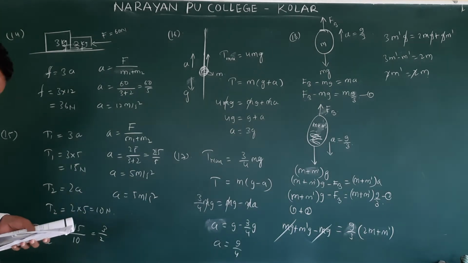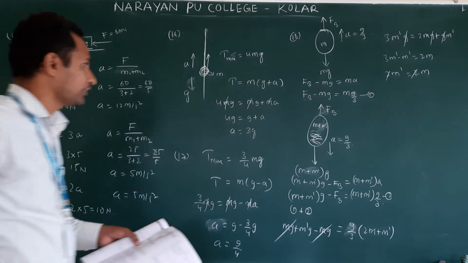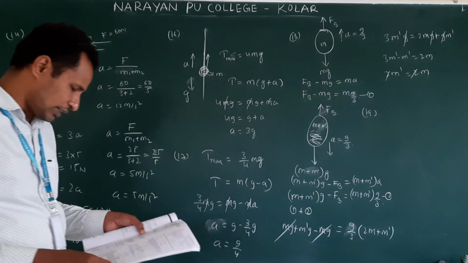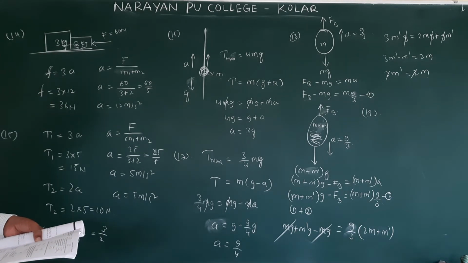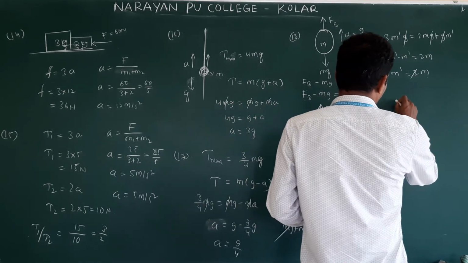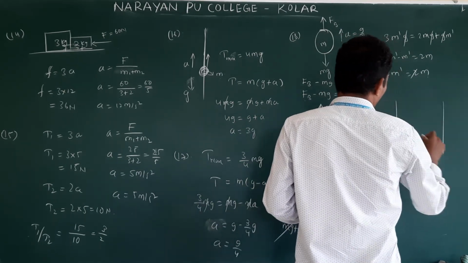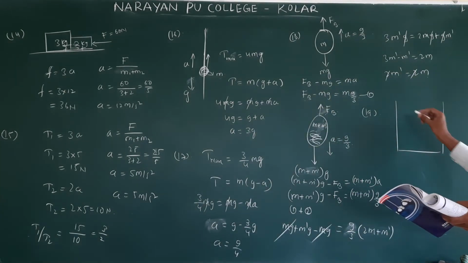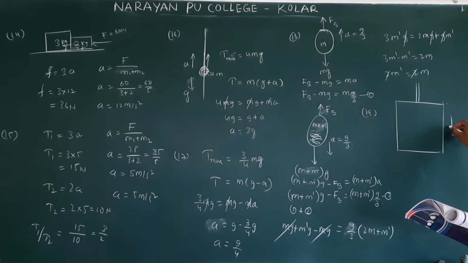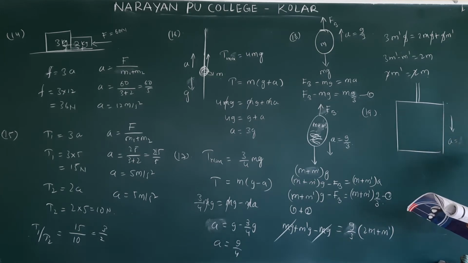Okay, next, 90. The constant contact force between block B and C is asked. Here the lift is accelerating with a equal to 2 meter per second square.